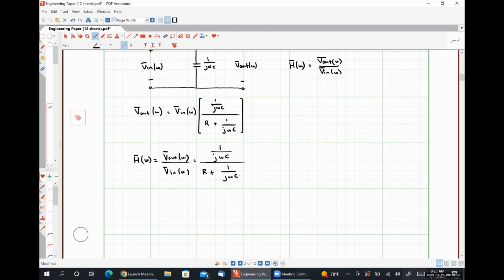So we could stop here, but typically speaking, I'm going to get rid of the fractions inside of this ratio. So I'm going to multiply this by a factor of j omega c over j omega c, which gives me 1 over 1 plus j omega rc.